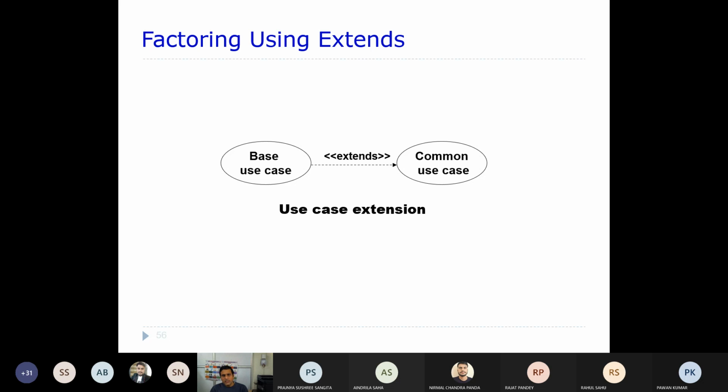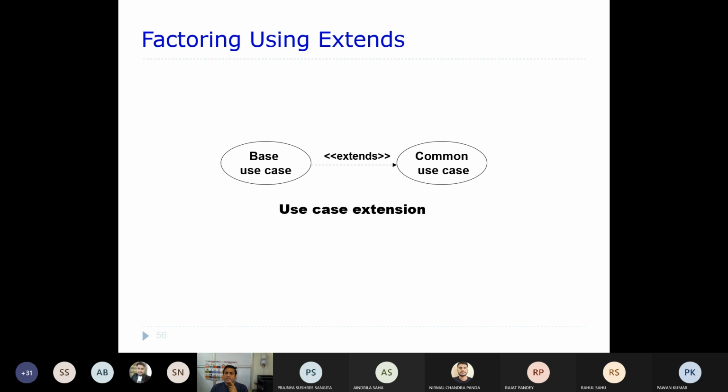The other one here is extend. Extend use cases help you add certain behavior or certain use cases when certain conditions are met. For this base use case, if certain conditions are met, only then will you use this use case; otherwise you will not.